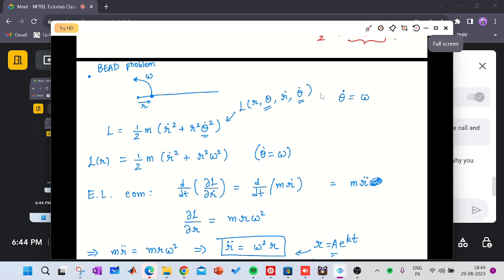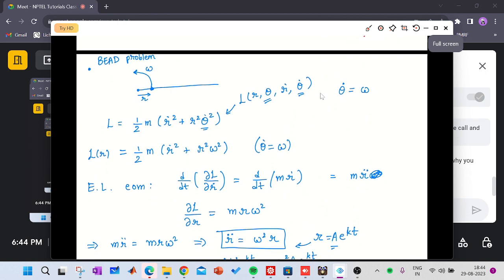Since the wire is rotating at a uniform velocity, we have solved for theta, which basically means theta is omega t, right? And so you can either think that we have solved for one generalized coordinate, so now we have only one generalized coordinate from two, or you can think there is a constraint for the particle, which is that theta has to be omega t, and because of that constraint we have one less generalized coordinate than usual. Does that make sense?